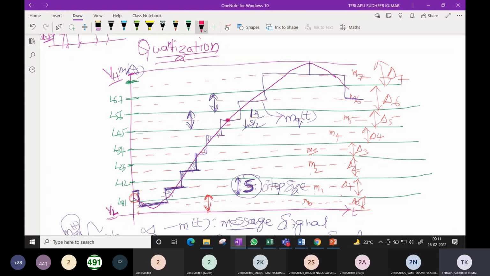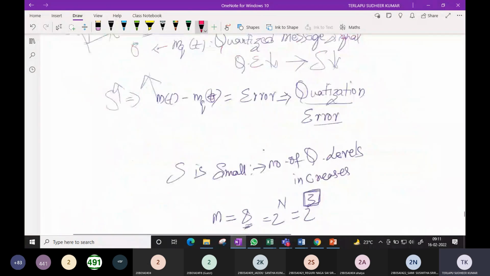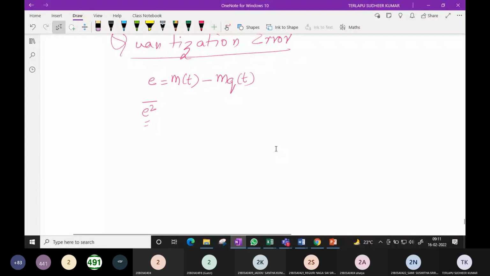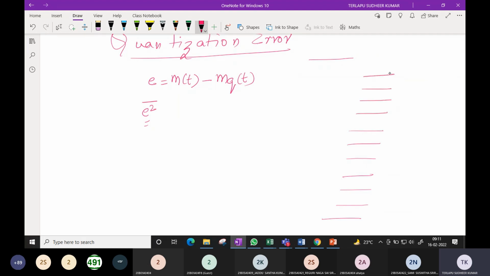So for every level, if you look into, assume I have the maximum voltage and the minimum voltage, and here I have the quantization levels, say M1, M2, M3, M4, M5, M6, M7, M8, so on and so forth.